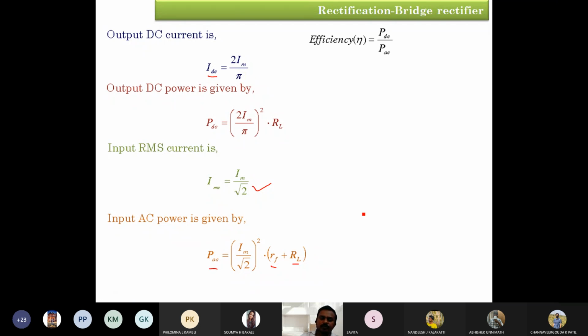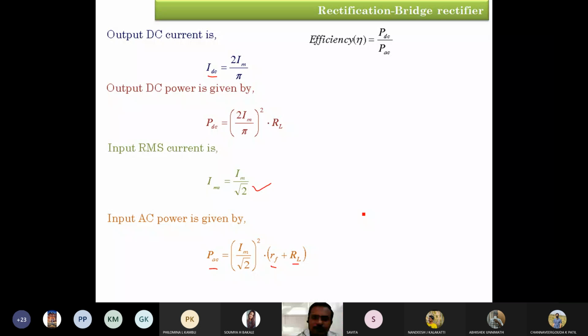If you go for the efficiency, it is given by the output DC power to the input AC power. The efficiency of the bridge rectifier or the center tapped rectifier, or we may say the full wave rectifier. Okay, so generally it is a full wave rectifier. We have 2 types: one is the center tap, and another one is the bridge rectifier.